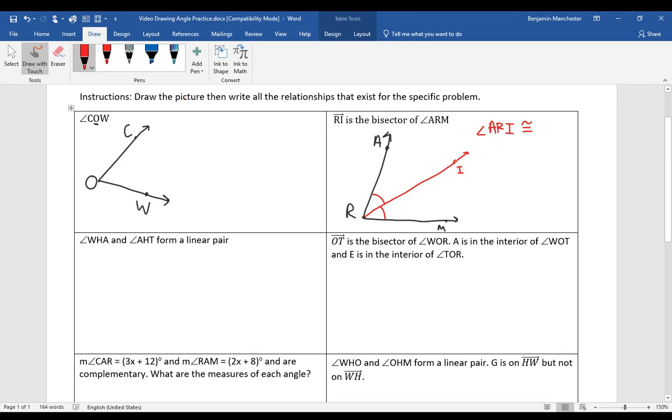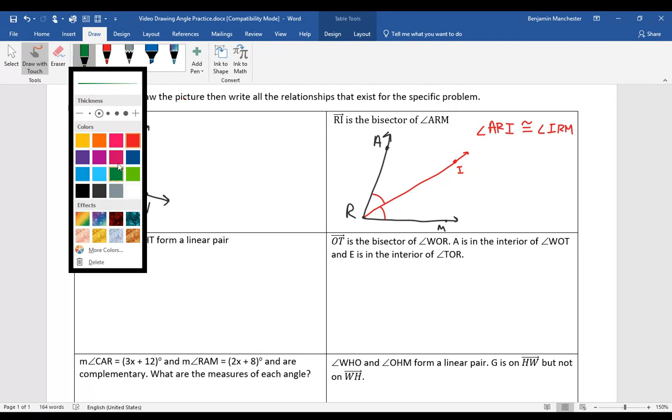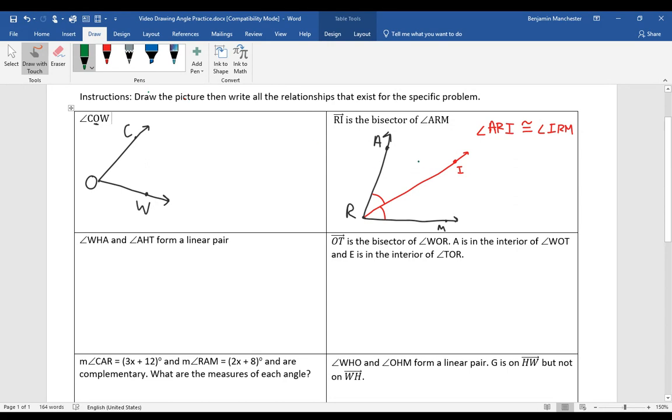So since the angles are congruent, if this was maybe a 40-degree angle and this is a 40-degree angle because maybe ARM was 80 degrees, I'm just making these up, that means the measure of angle ARI, the 40 degrees, is equal to the measure of angle IRM.